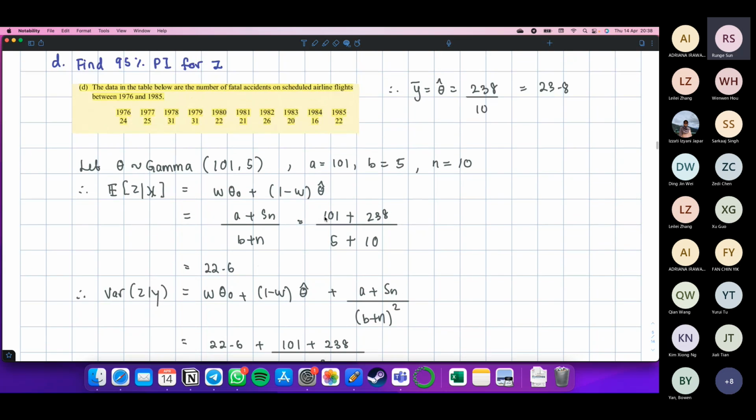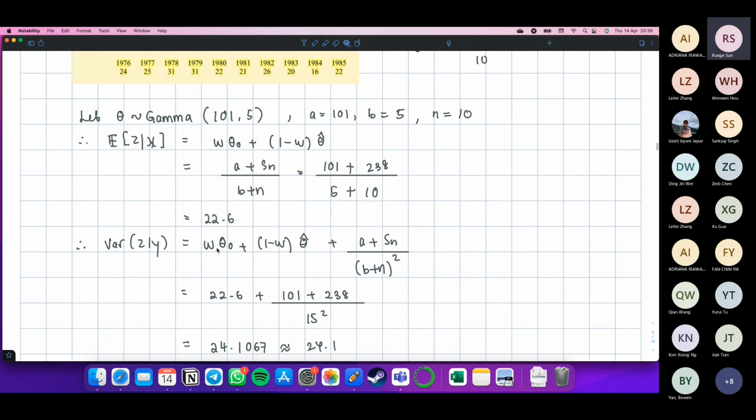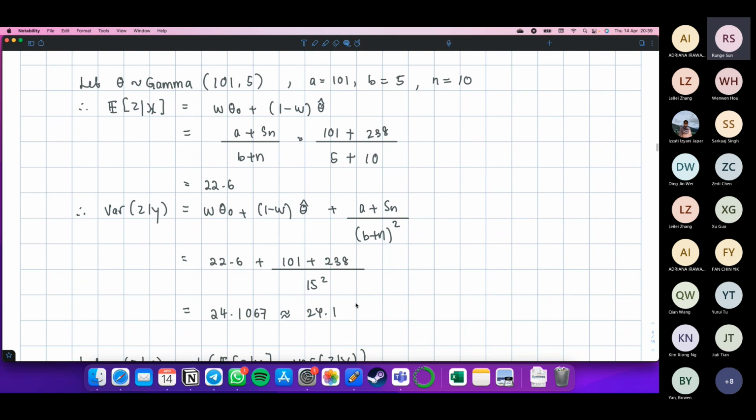We can do that using the data and the formulas shown earlier. The expectation of Z is just this weighted average, which I use in the original form here, a plus the sum over b plus n, which is this value, and gives us 22.6. The variance is 22.6 plus a plus the sum over b plus n squared, which is 24.1.